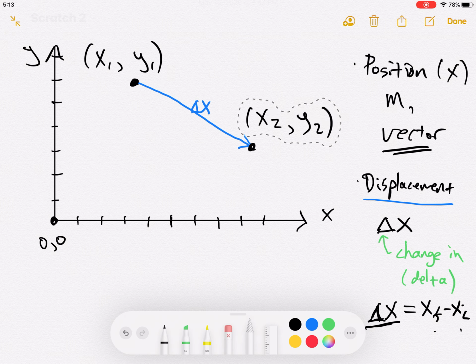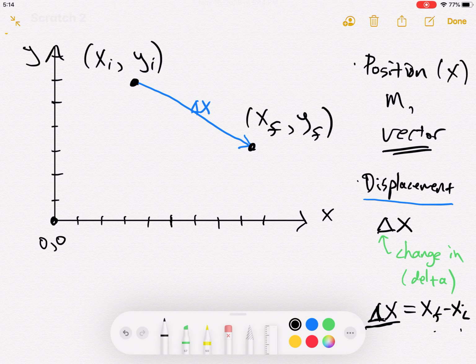And often, instead of 1 and 2, although there's nothing wrong with 1 and 2, we'll use initial and final. It's harder to make 2's into finals, but Steve Jobs took care of that for me. Okay. Initial and final. Great. So there's our displacement vector. That's awesome. What else can we do?